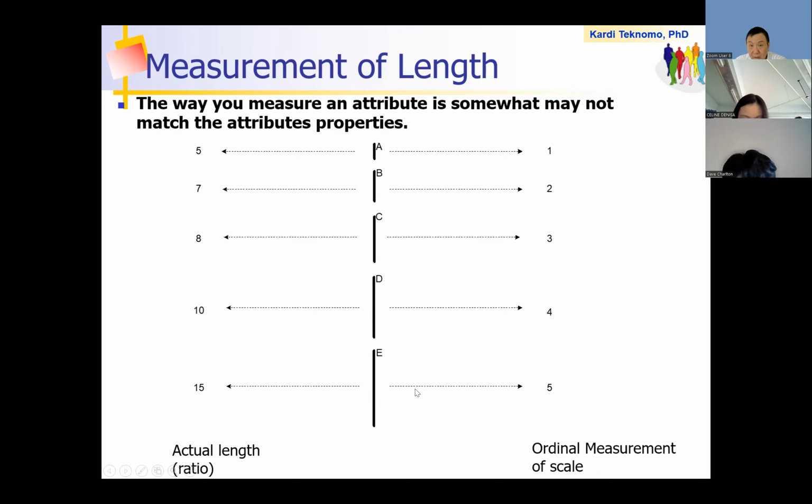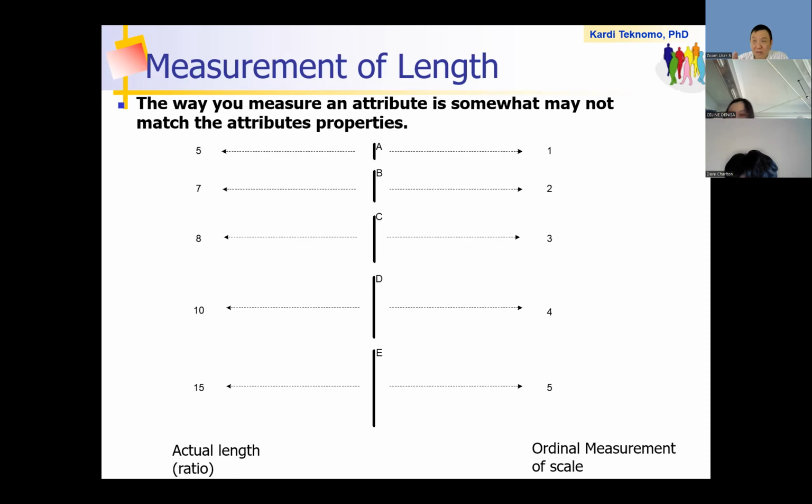The meaning is when you have the real value, the ratio type, for example, you measure your weight in kilogram, right? Or your height in centimeter. So that is ratio type. Then you put that into interval.